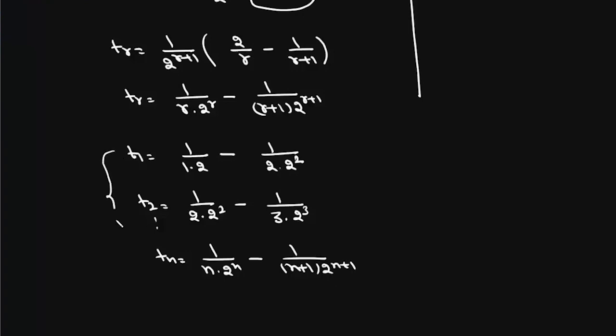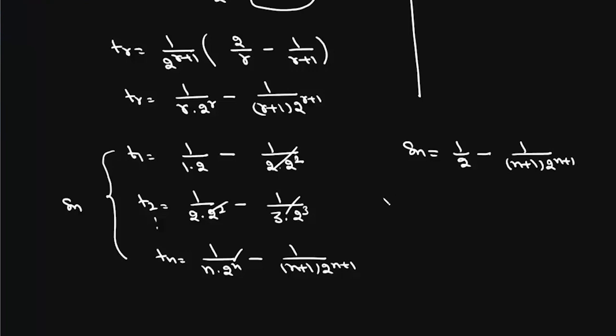Now if we add them all up, we'll get Sn. Now these successive terms will cancel. So the sum of n terms of this series will be simply 1 by 2 minus 1 upon (n plus 1) 2 to the power of (n plus 1).